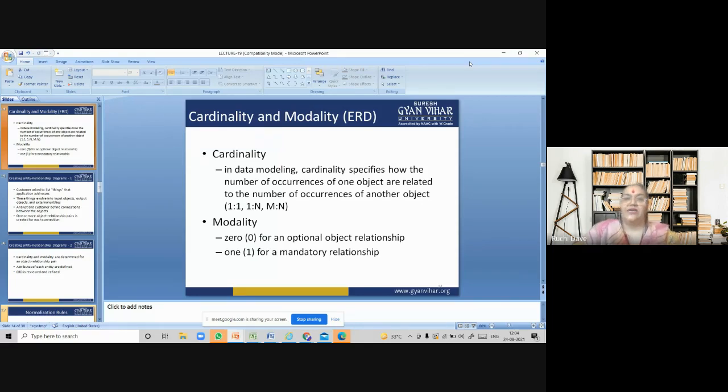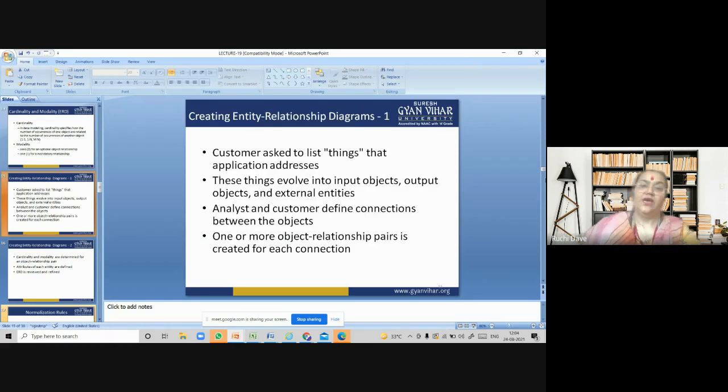So the cardinality and modality are expressed like this. I have taken this in the previous class also. Now, how do we create an entity relationship diagram? Whenever we begin, the customer should be asked to list things that the application addresses. These things evolve into objects, output objects, and external entities.